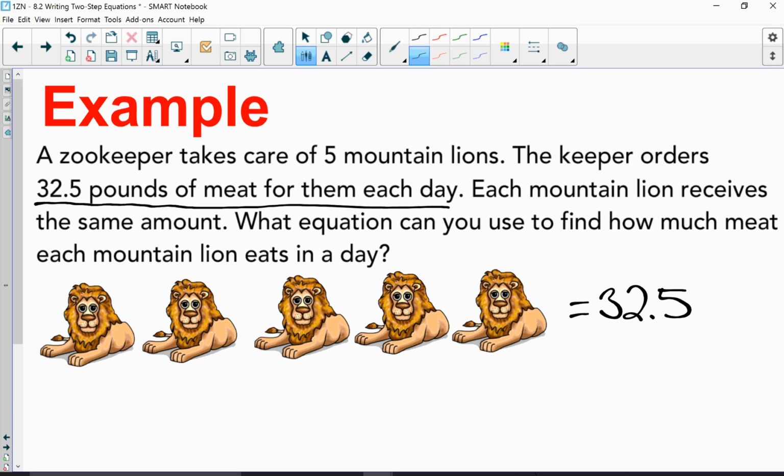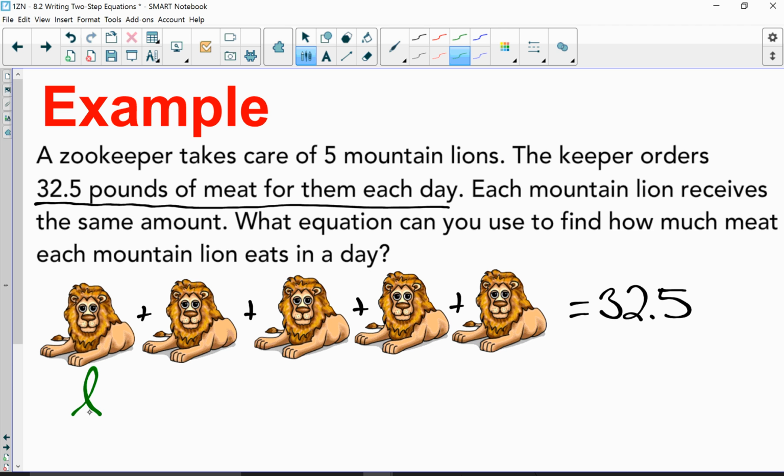Adding all of these lions' consumptions, how much they eat a day, ends up being about 32.5 pounds of meat. Well, do you know how much each of them eats? Neither do I. So I'm going to use a variable because that's an unknown. This lion here, I'm going to use a cursive L for how much meat it eats a day.